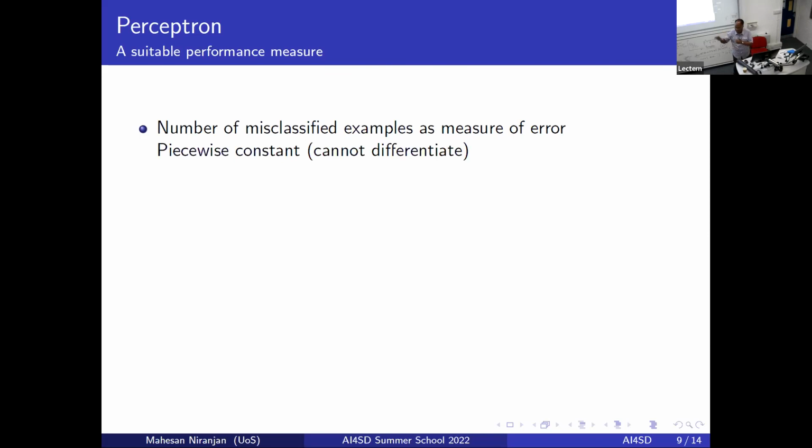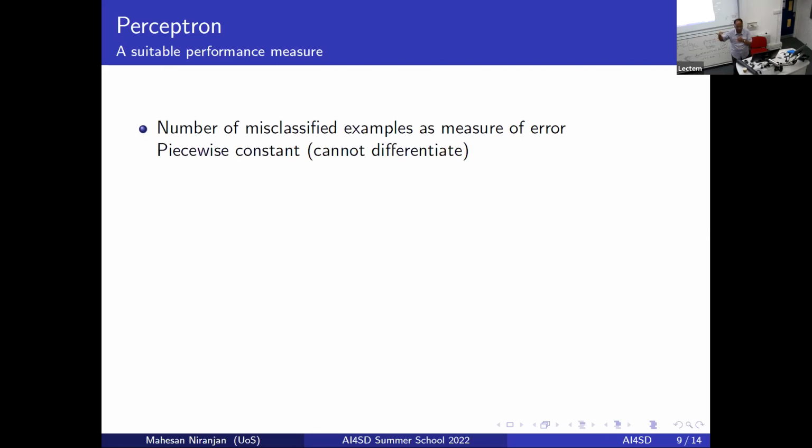Then I will have a particular error, say 10% of the data are misclassified. Now, if I move the boundary, move the parameters a tiny bit, the boundary is not going to cross over anything, and the number of errors I make would still be the same. I move the boundary a tiny bit more, the number of errors would still be the same. But when the boundary I move crosses one data point, then the number of errors I make would go up by 1.